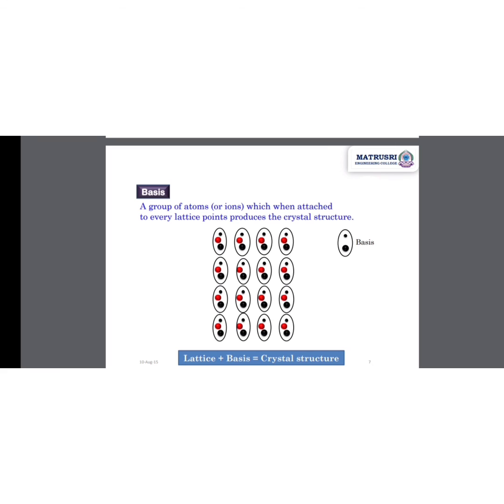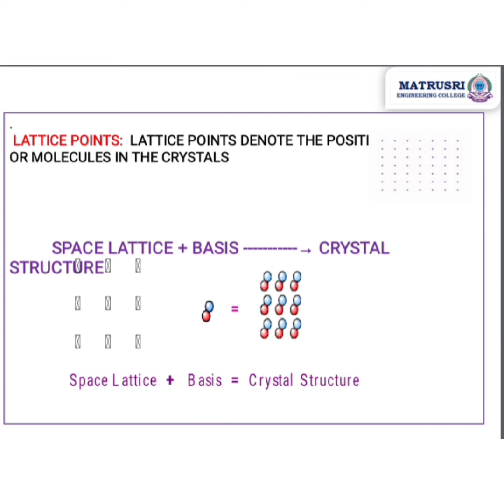So lattice plus basis together will give us the crystal structure. We can see the same thing here. Lattice points denote the positions of the atoms or molecules in the crystal. If we combine this space lattice with the basis, we can generate the total crystal structure.